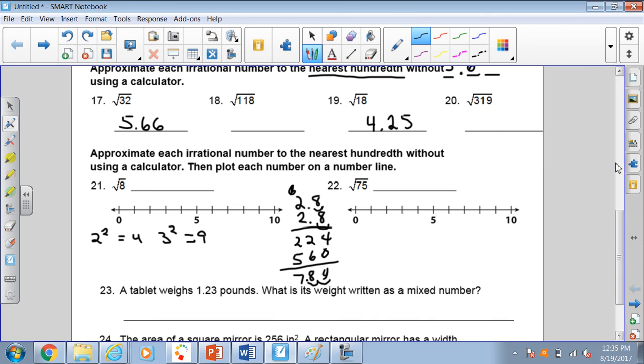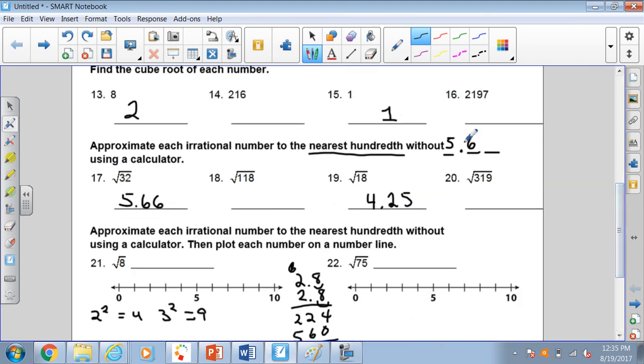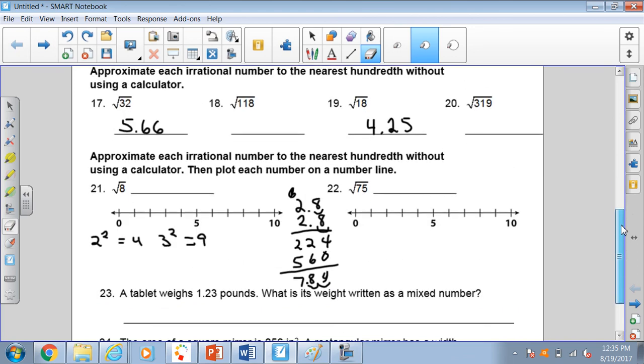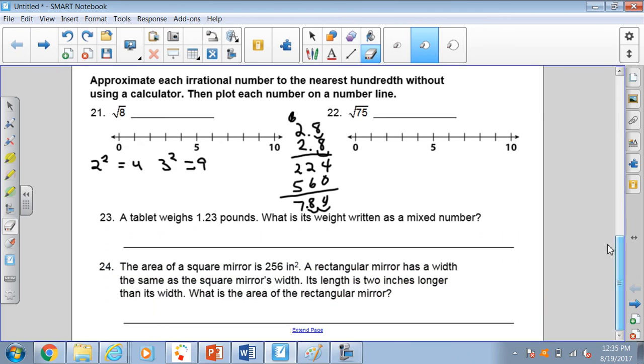But remember, once again, as we did over here, we have to find it to the nearest hundredth. The nearest hundredth. So let's see, I'm going to erase this part here. And then we're going to go down here. And let's see, even though I know that first number is more than likely going to be 2, and the second number more than likely is going to be 8, I need to figure out what the next number is.